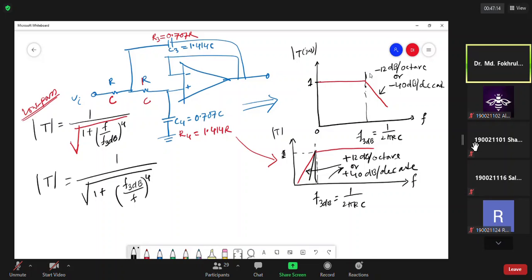This will be the magnitude for the high pass filter. Even if you simulate the basic equation without that condition, the derivative with respect to omega equal to 0, if you simulate with the computer, you can easily differentiate both the transfer functions.